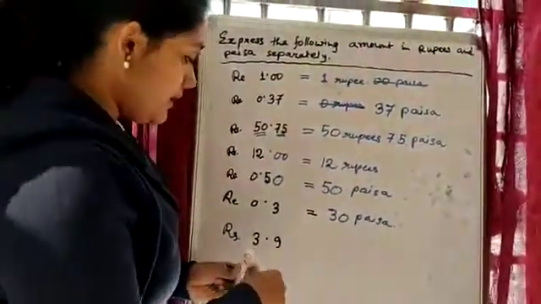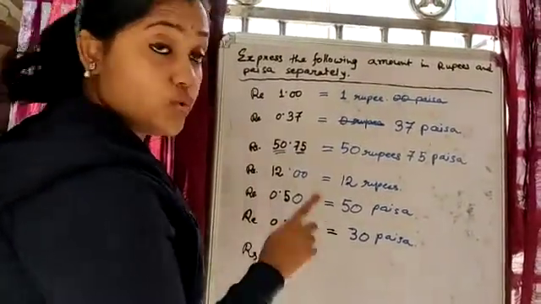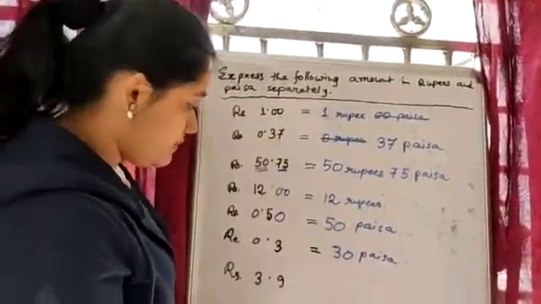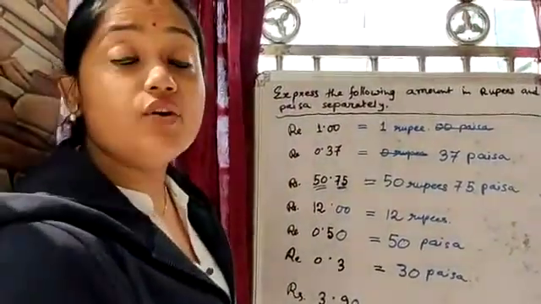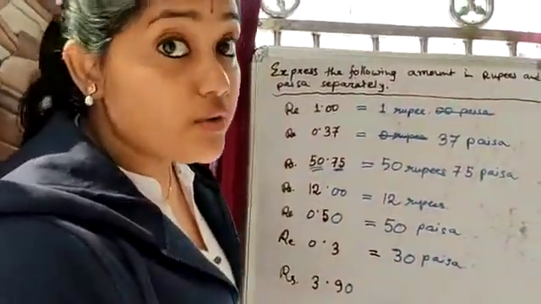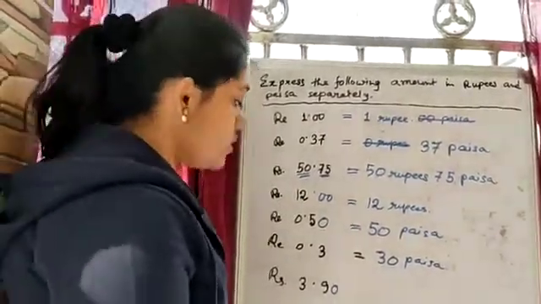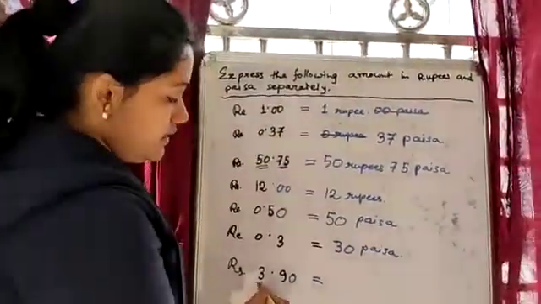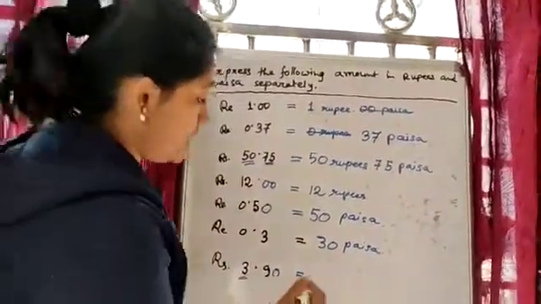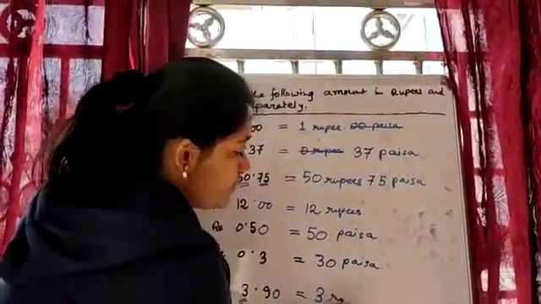Now you need to think that after the decimal point 2 digits should be there to represent the paisa. So we can write 3.9 as 3.90 using the concept of equivalent decimals. So 3.90, that is, before the decimal there is 3, so it will be 3 rupees.